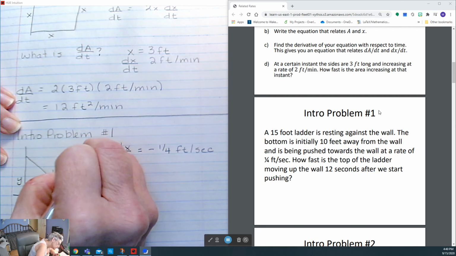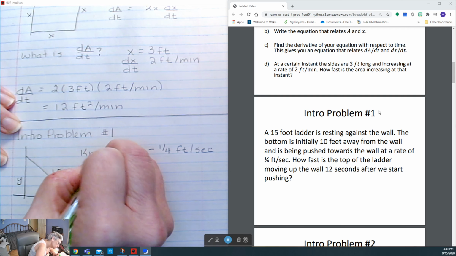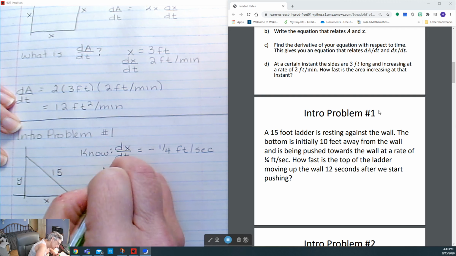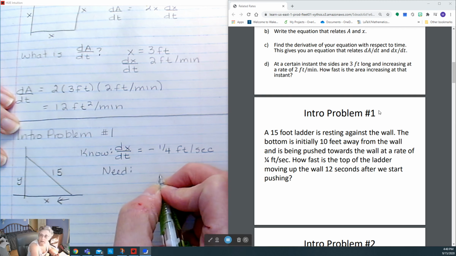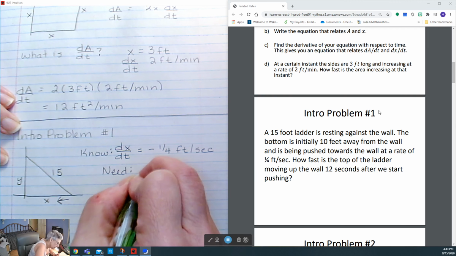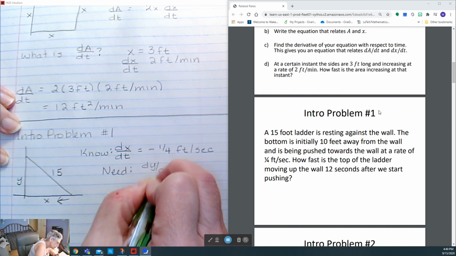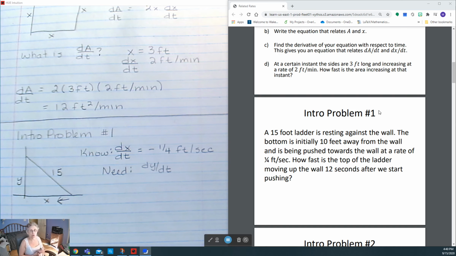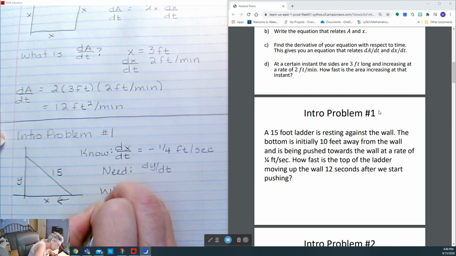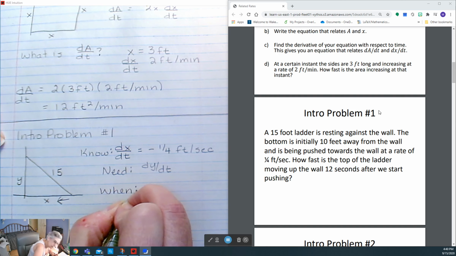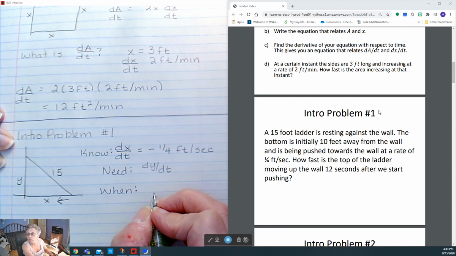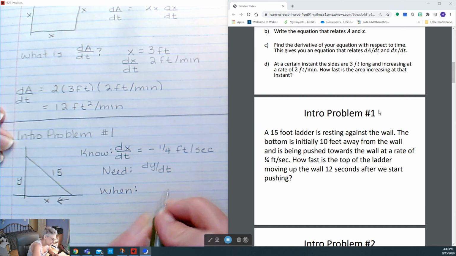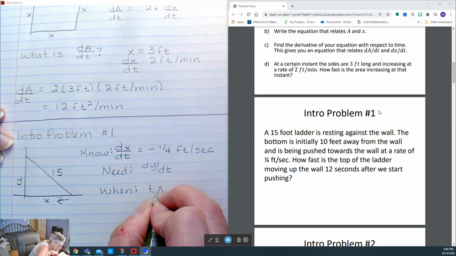So I know this. I need dy/dt, how fast the top of the ladder is moving up the wall. And I want to know that when t is equal to 12 seconds after we start pushing.